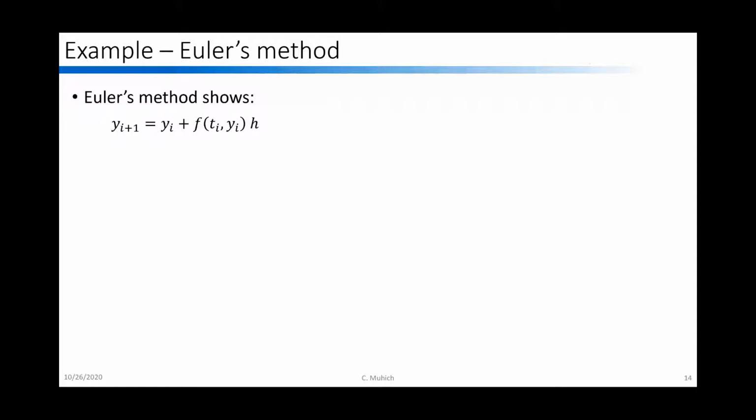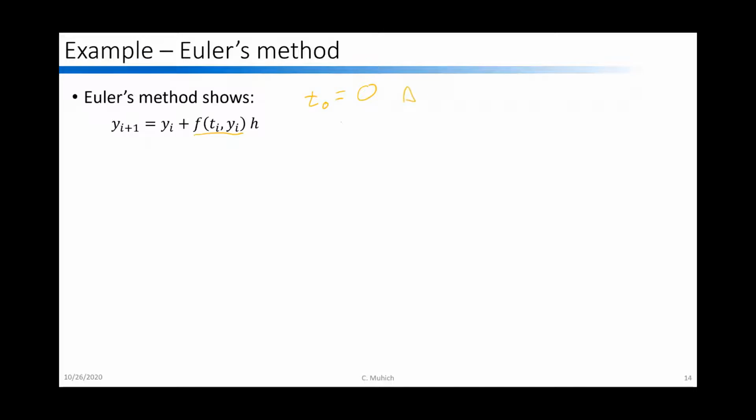So remember from Euler's method, we say that the next y, so y i plus 1, is equal to y i plus that function of t and y times my step size. So let's find out what t I'm working at. Remember, my t0, my initial t, was equal to 0.